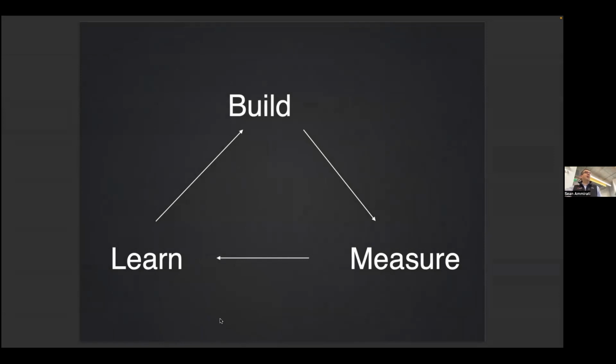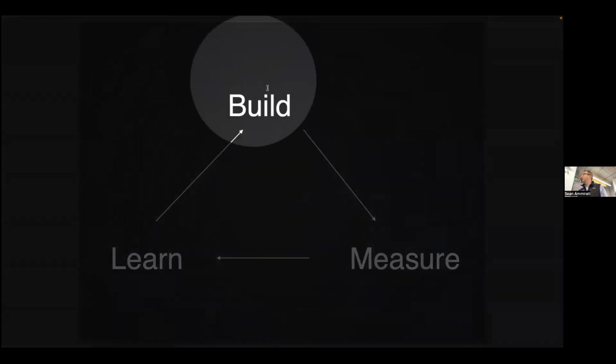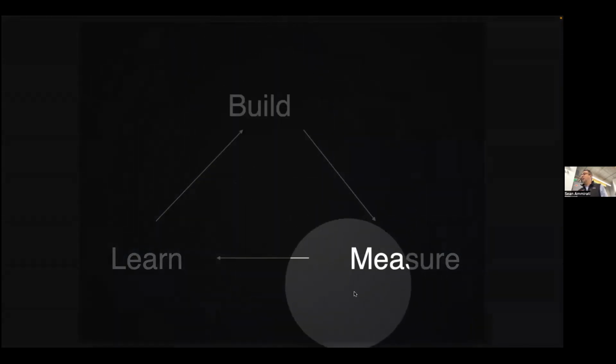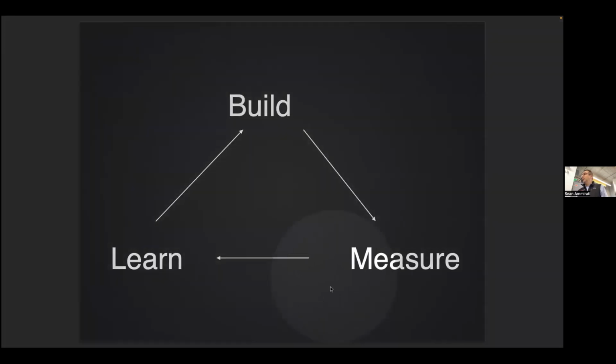If you were to summarize the entire book, the entire methodology, into one slide, I really like it, but there is a problem with this visual. It implies that you spend about a third of your time building, a third measuring, and a third learning. But if you think about the startups you're working on right now, my intuition is that's not what your calendar would reflect.